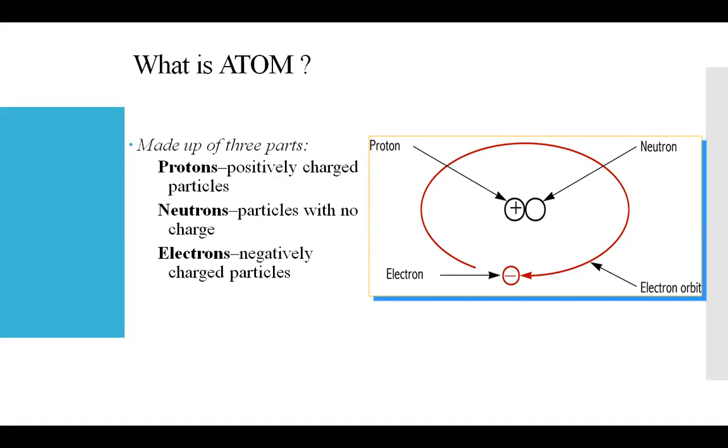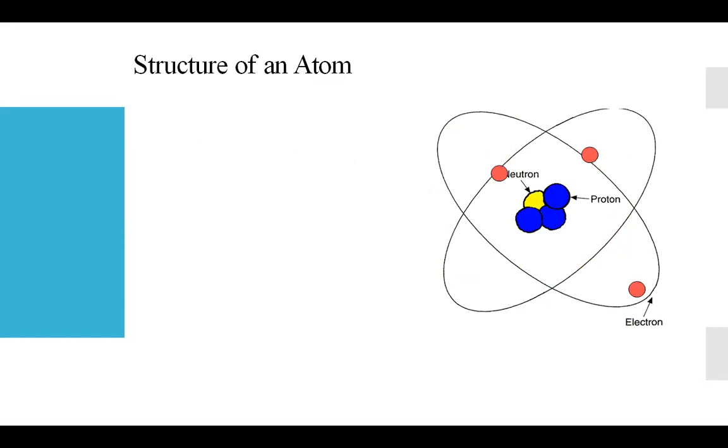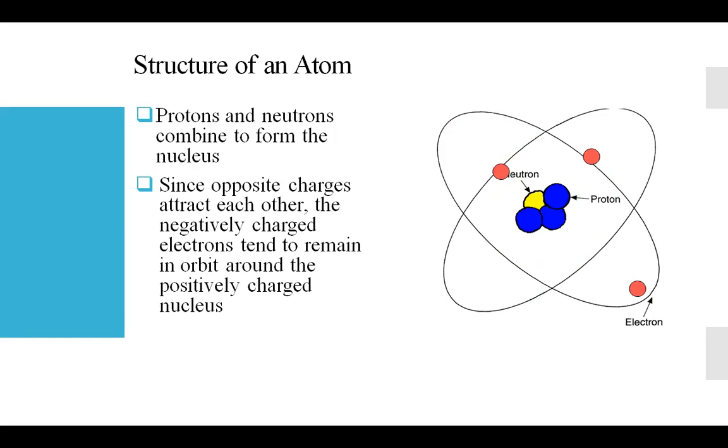Now if we go ahead in this atom part, I'll quickly go through the structure of the atom. The protons and neutrons combine to form the nucleus. You all know about the nucleus, so it is easy to understand. Since opposite charges attract each other, the negatively charged electrons tend to remain in the outer orbit, orbiting around the positively charged nucleus.